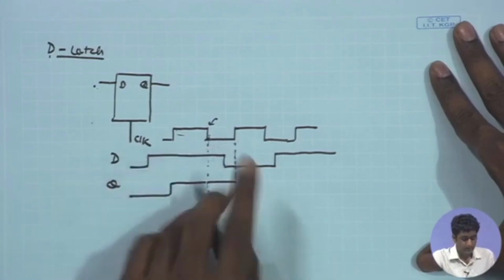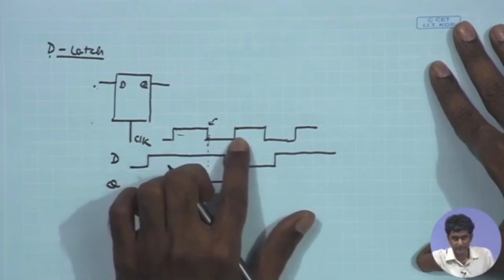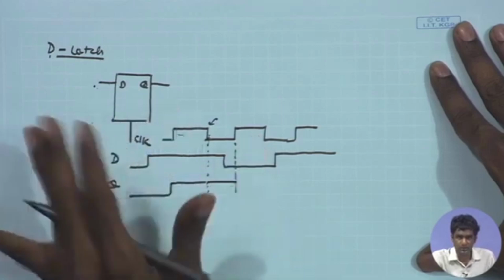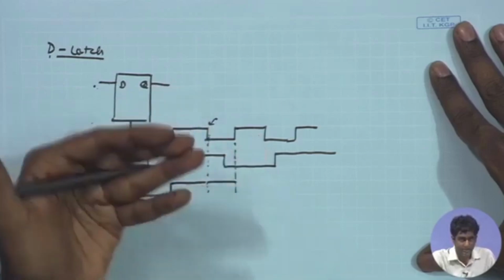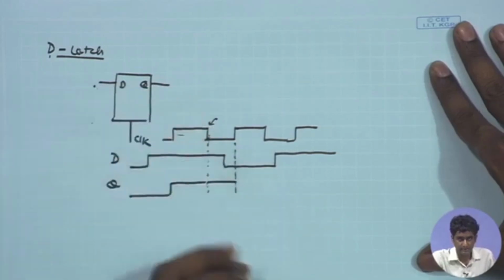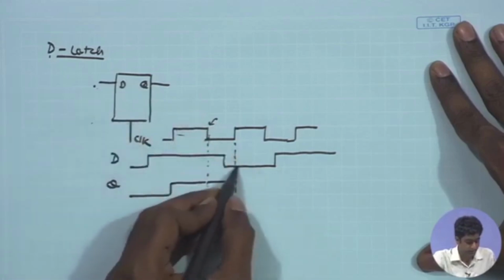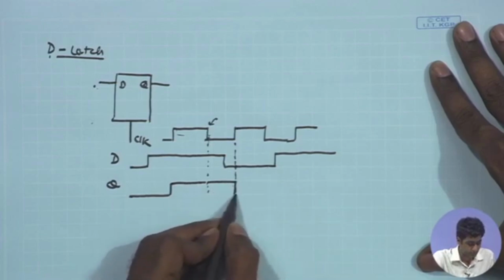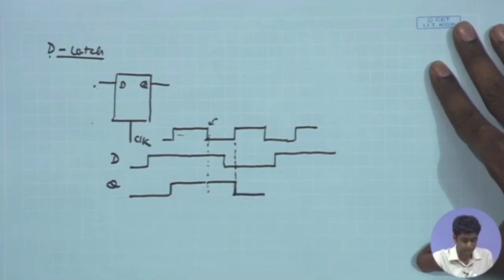And then once again, when the positive phase of the clock comes and the clock becomes active again, D and Q become connected again, or the latch becomes transparent again, and the new D value is going to be available at Q. So at this point, once again Q will make a transition.